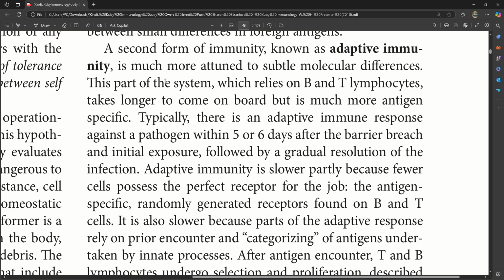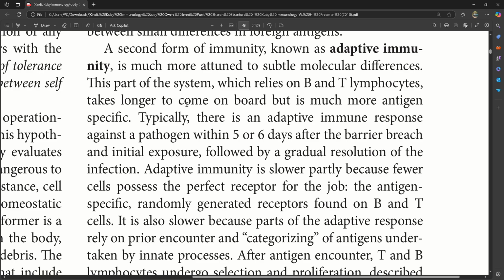When the pathogen enters our body, it will start to recognize it and will produce this immunity against it. So it can differentiate pathogens in much more detail.